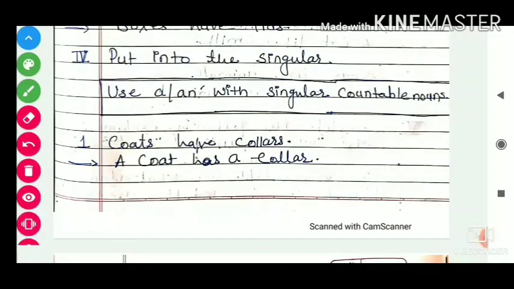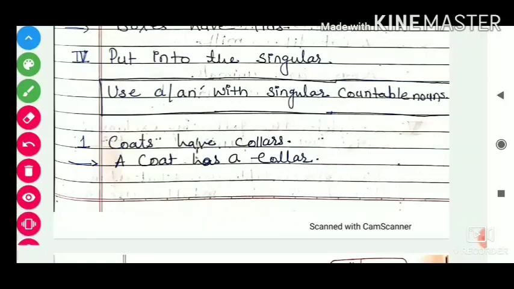Students, let us see the last exercise, and the question is put into the singular. Now here are the questions with plural nouns, and we have to change these nouns into singular form. Once again I am reminding you that we should use a or an with singular countable noun.